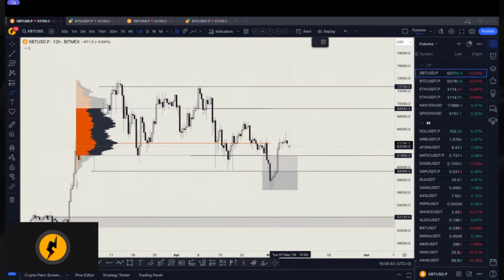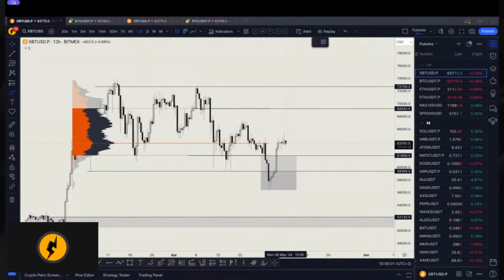I hope we get filled, but this is what I'm looking for. We are at the point of control. If we lose the point of control, a retest of the value area low would lead us to the value area high. This is what I'm looking for.